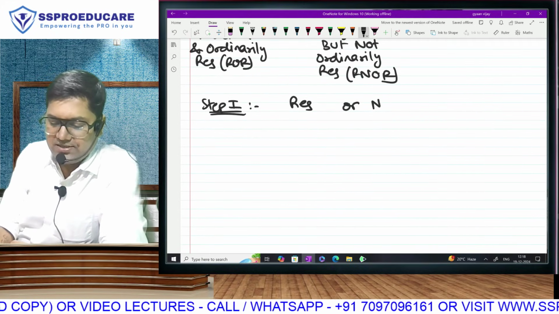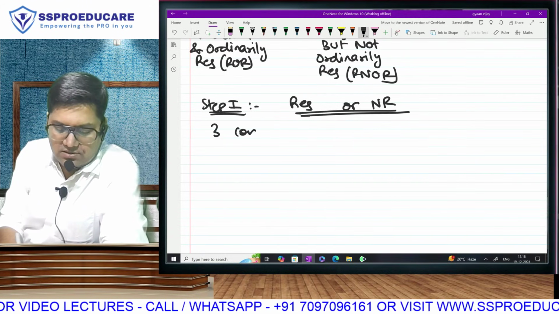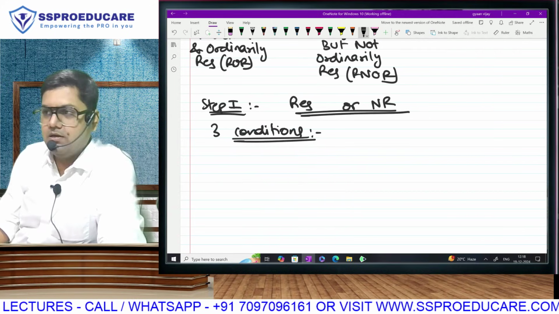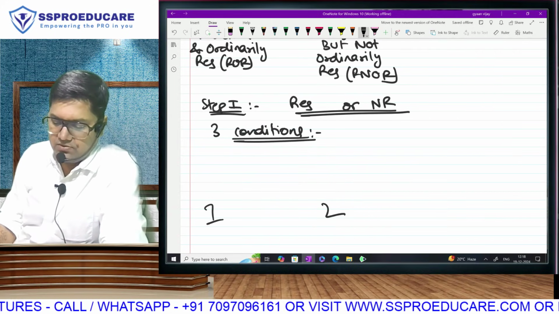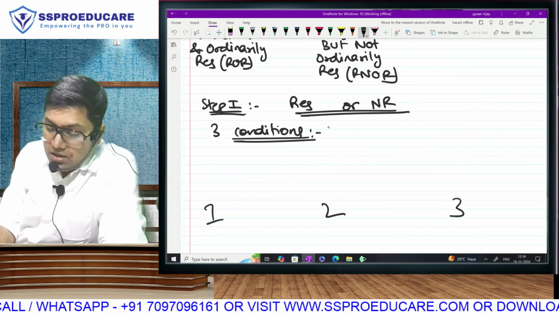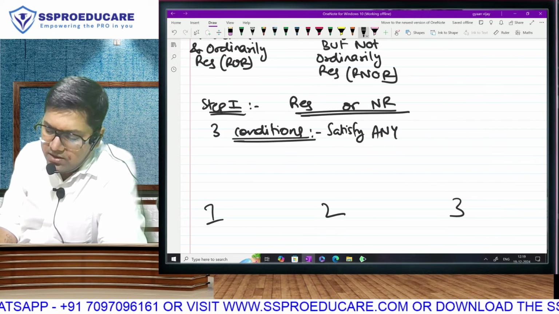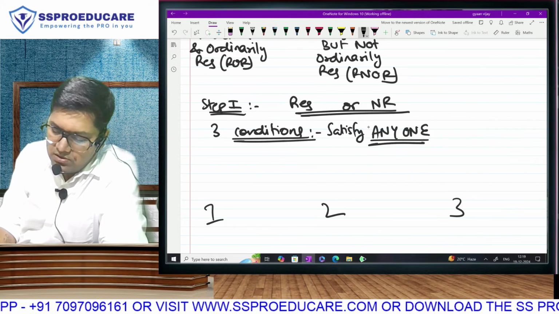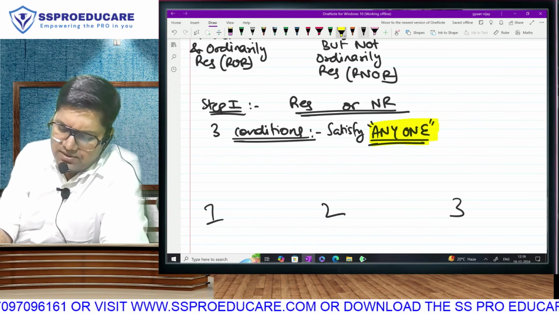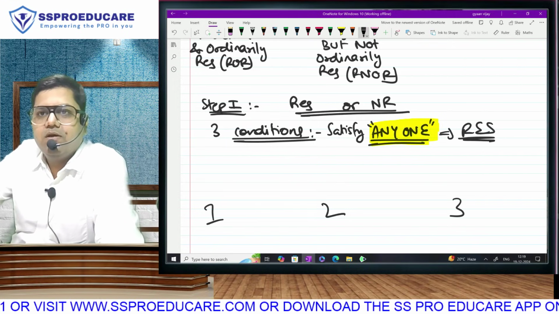Step number 1, resident or non-resident. Here they have given us 3 conditions. Condition 1, condition 2, condition 3. So I will be teaching you 3 conditions. If you satisfy any one of them, then income tax law will declare you as resident.